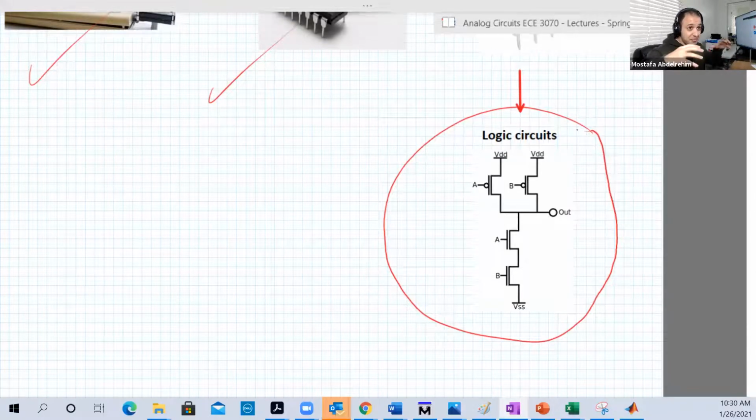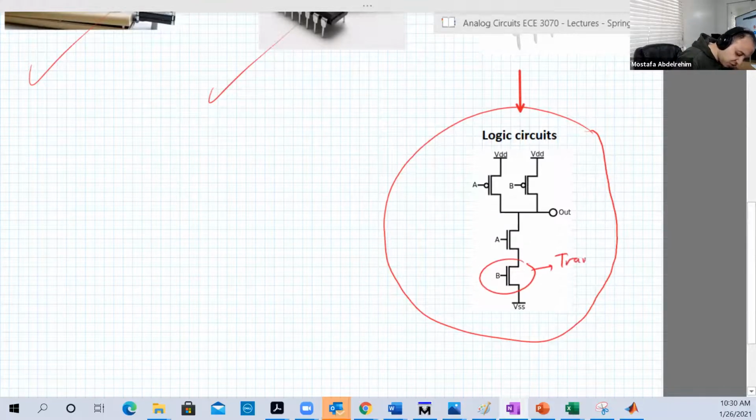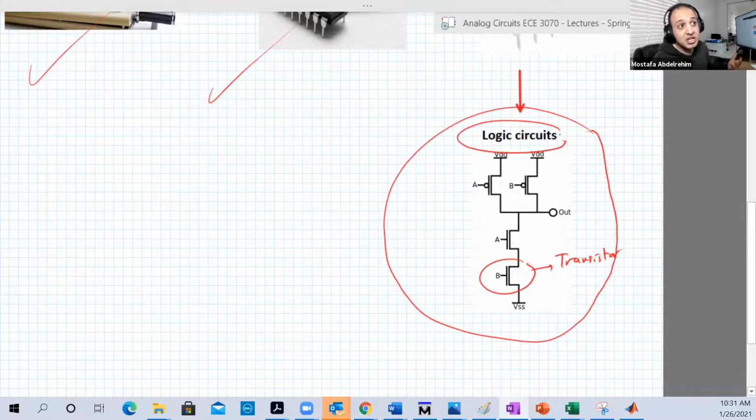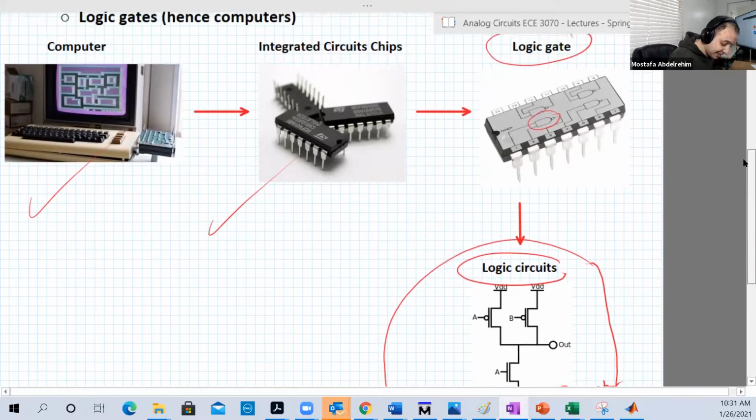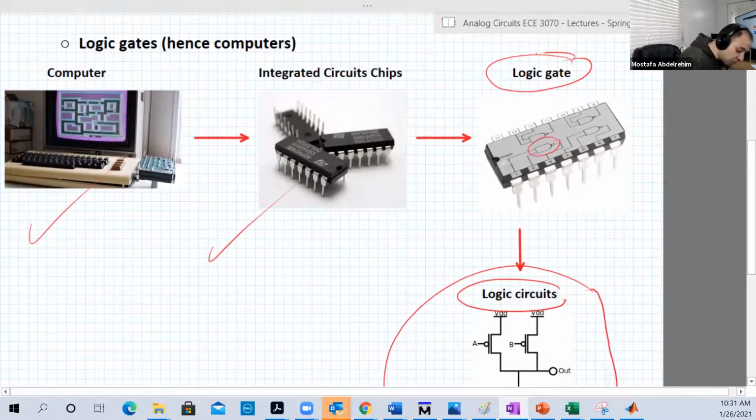And by the way, this is a transistor that we're gonna study in that course. So based on those transistors, let's go in the reverse way. Based on the transistors that we're gonna learn in that course, we're gonna be able to make what's called logic circuits. These logic circuits form what's called the logic gates.